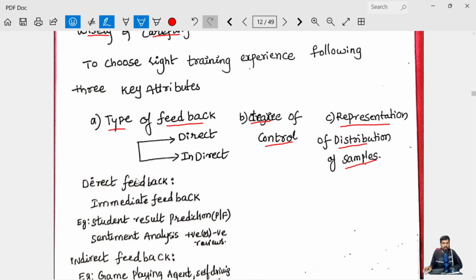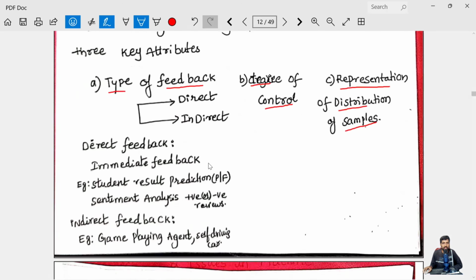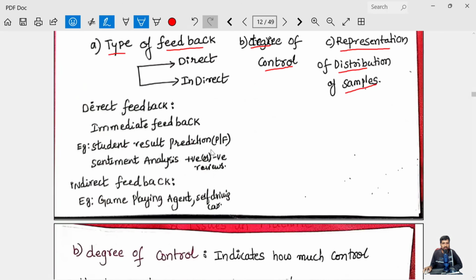So what is the meaning of feedback? We are going to take some input from the past results. What is the meaning of direct feedback? Here we are going to take immediate feedback. After completion of the work, we analyze the performance of the work.